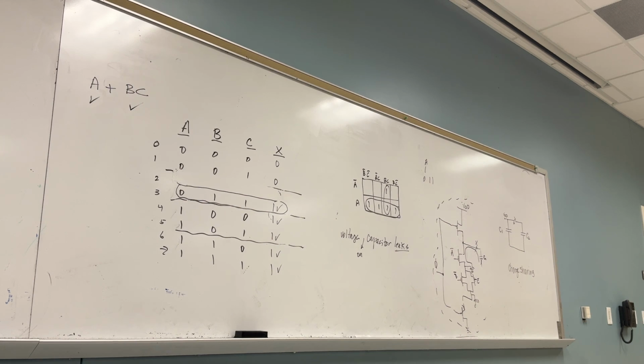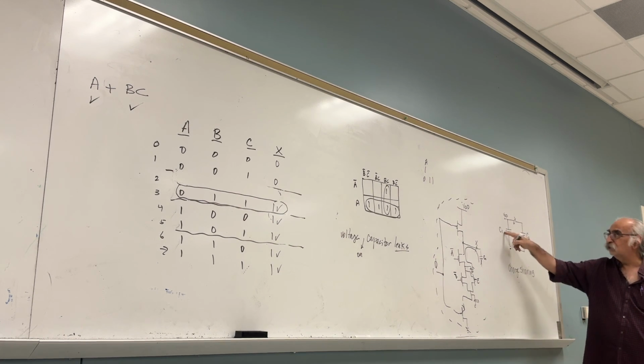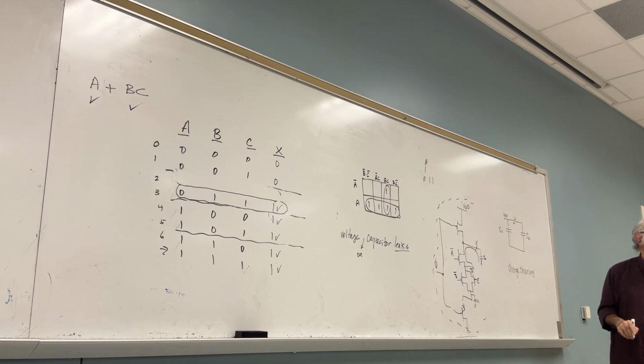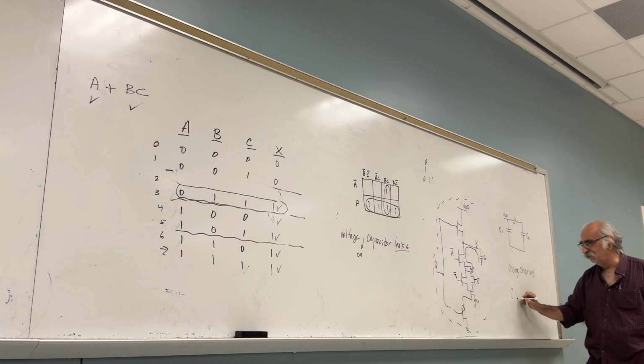Did you get it? Can you give me an equation? Before the switch closes, what is the charge on C1? What is the relationship between the capacitor, the charge, and the voltage? Charge on this is C1 VDD.